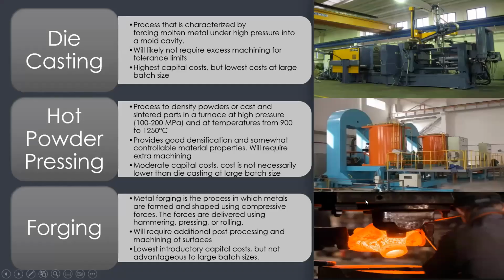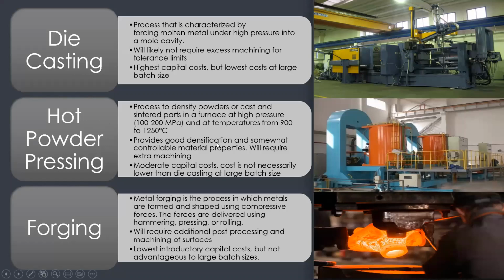With that, we also need to consider what processing and manufacturing methods we would use to make this connecting rod. We considered three methods: die casting, hot powder pressing, and forging. Die casting is characterized by its very high capital cost, but very low unit cost at large batch sizes. Of course, it would also not require excess machining for the given tolerance limits that we determined previously with our fracture analysis.